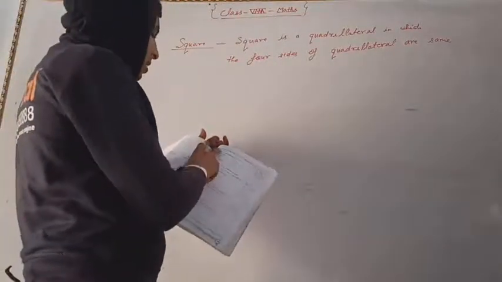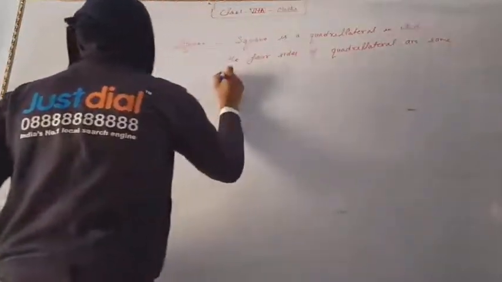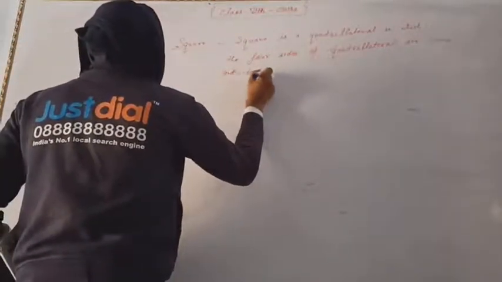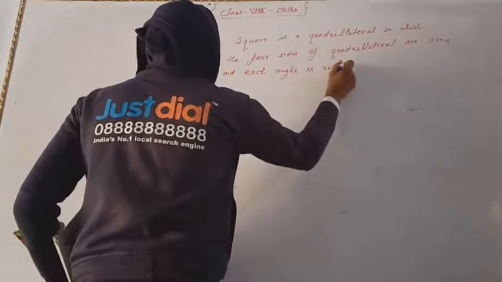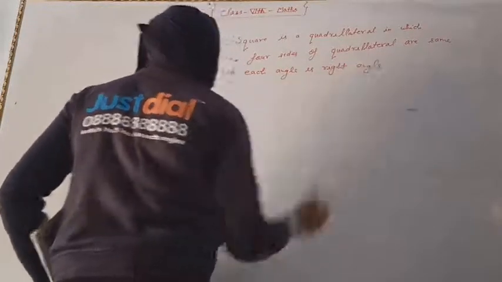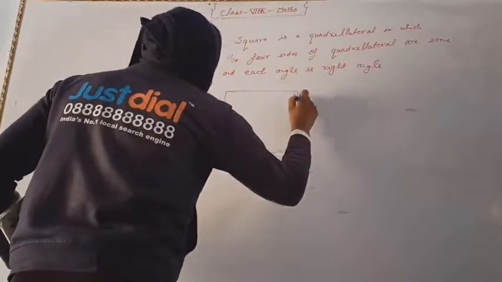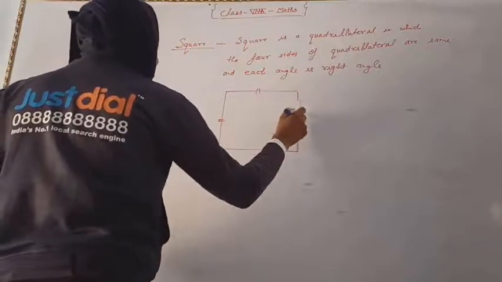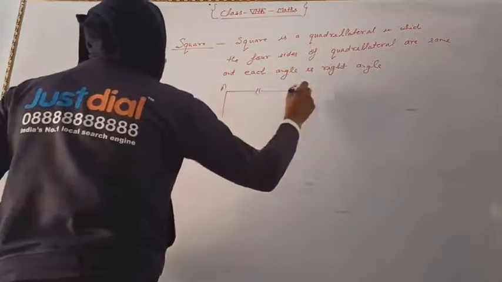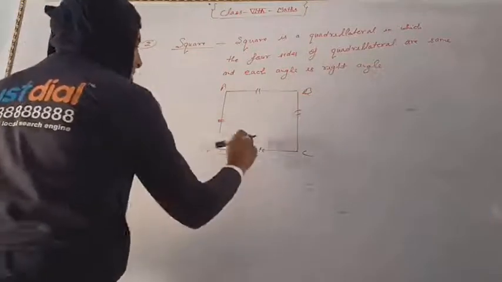Also, a quadrilateral in which all the sides are equal and each angle is a right angle, of this type. So this is equal to this is equal to this is equal to this, and this is A, B, C and D. This ABCD is a square in which the four sides are equal.